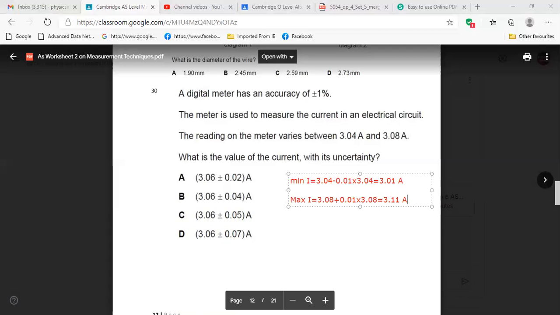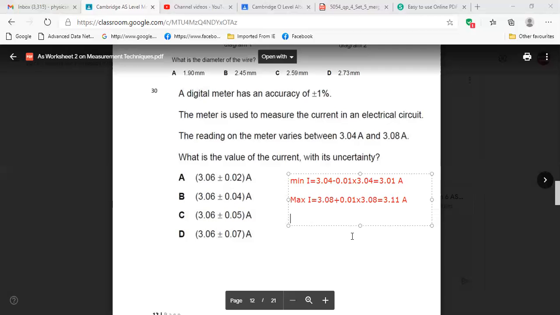Now in our measured values, we got 3.04 and 3.08. If you take the average, it comes 3.06, right? Yes, sir. So the value will be 3.06 if you take the average.